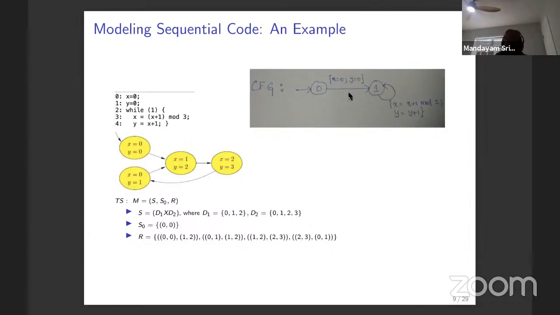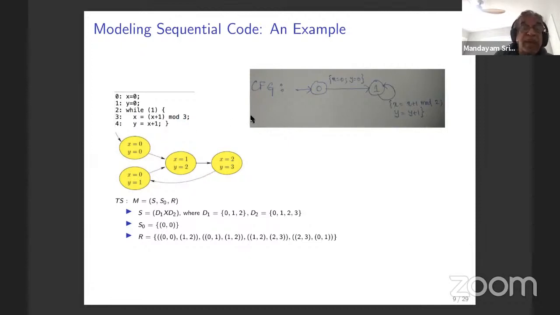Okay, and here I really want to make a distinction between the program as a syntactic object and this particular control flow graph as a representation of the program, as opposed to what I call a transition system. Okay, so the transition system is something that captures the behavior of the program.